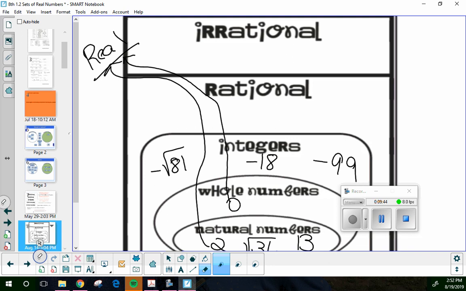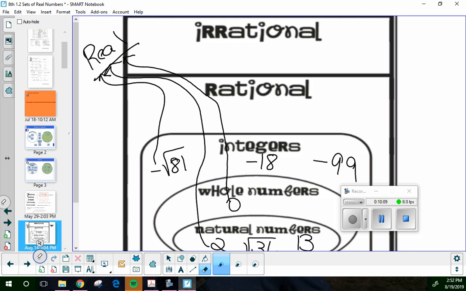And so these are also integer, rational, and real numbers. Negative 18 is an integer, rational, and real. So when you're naming a number, you go all the way up, all the way up, all the way up on your chart, and when you hit that black line, zip, you do a left turn.